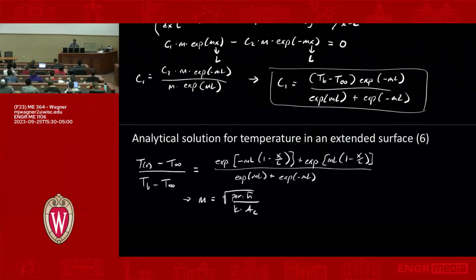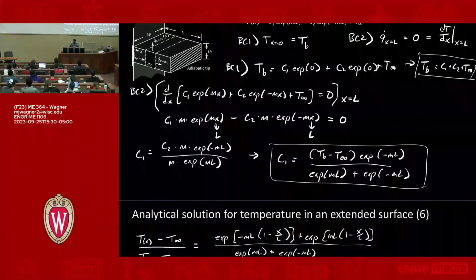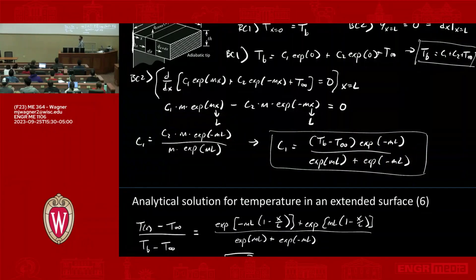If we look back up, I was using M up here. M is just the coefficient of all the stuff that ends up multiplying. In the fin problems, we have the perimeter, the cross-sectional area, the heat transfer coefficient, the conductivity. For this problem, we assume just convection, so this M is just for this problem.